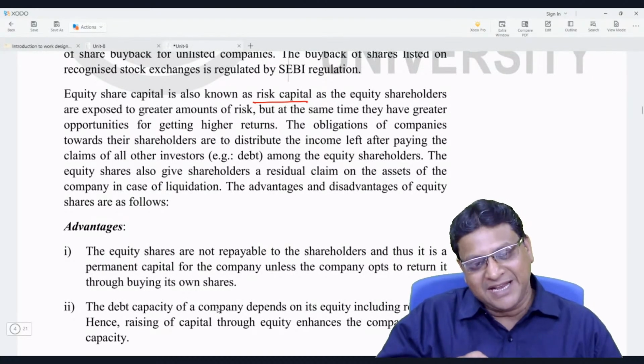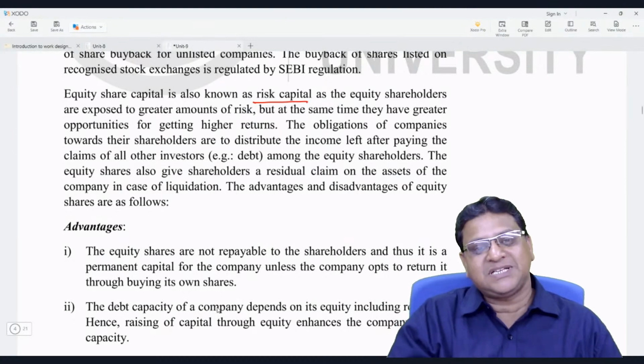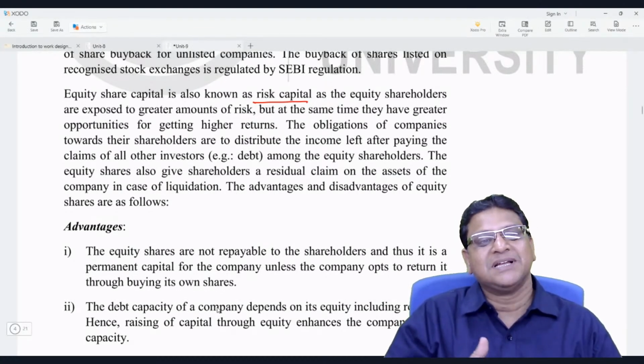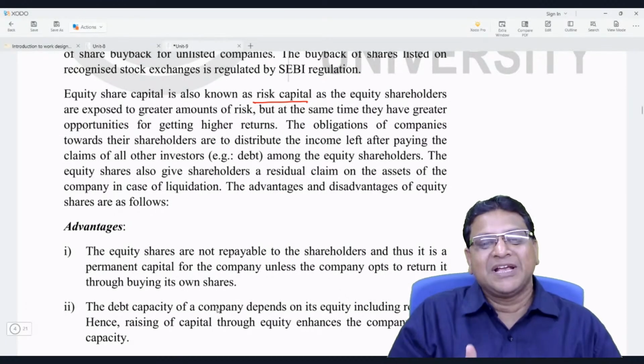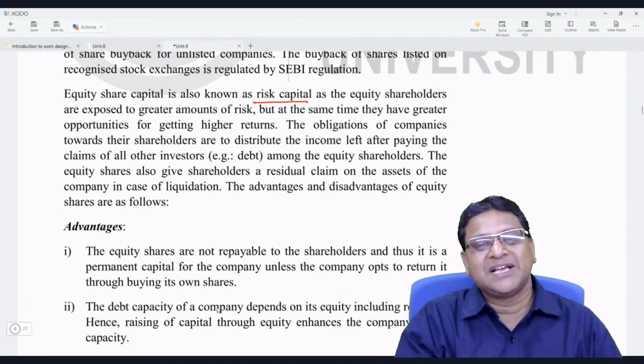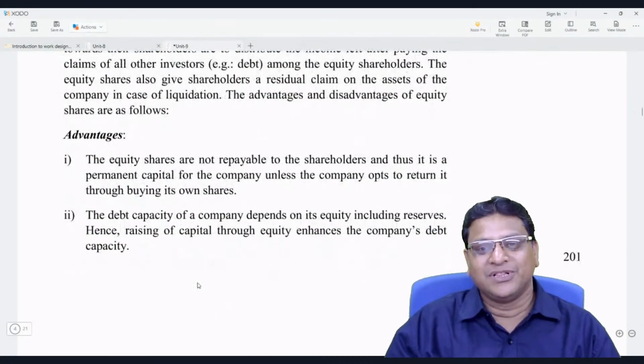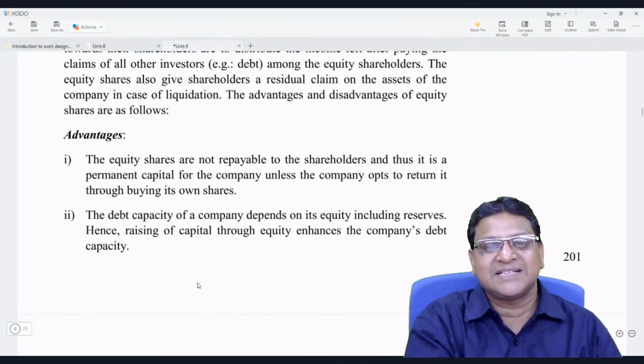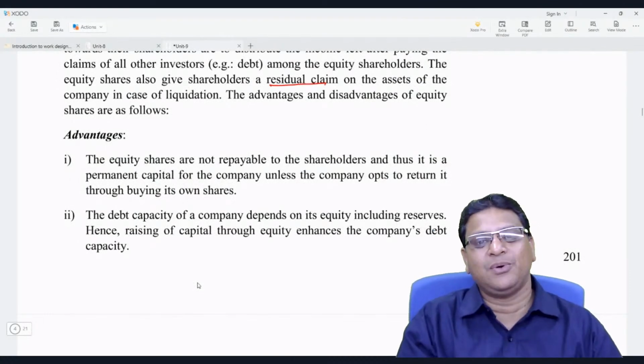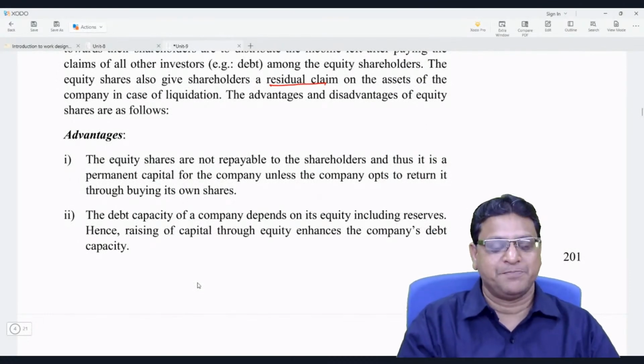Then, if any claim remains, the preference shareholders take back the money. And if anything remains, that will be taken by equity shareholders, since equity shareholders have a residual claim on the profit as well as the assets of the company.